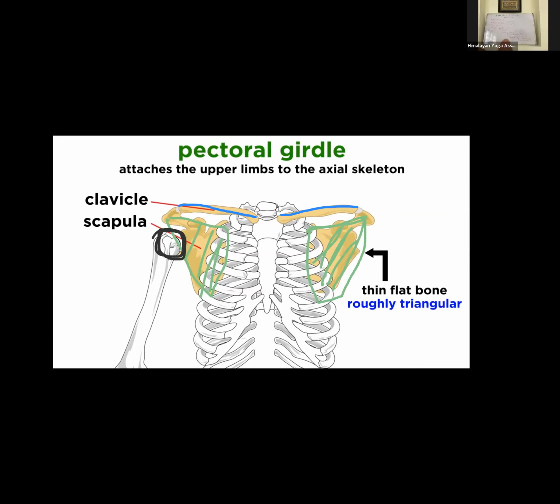Here the humerus is connected to the pectoral girdle. This joint is the most movable joint of our body, the shoulder joint, which is connected to the axial skeleton through the pectoral girdle. You can take the screenshot.